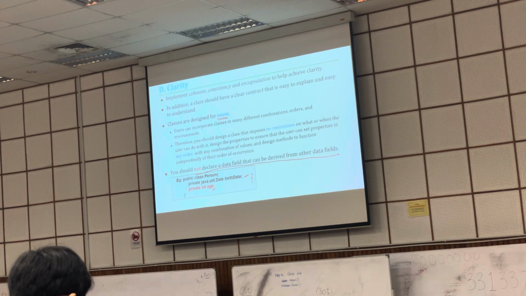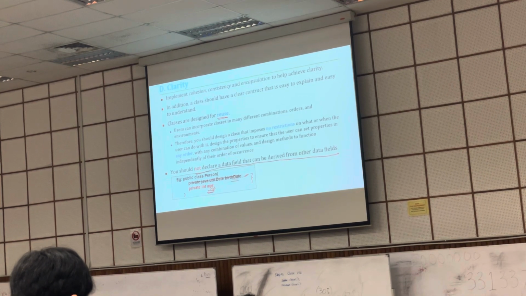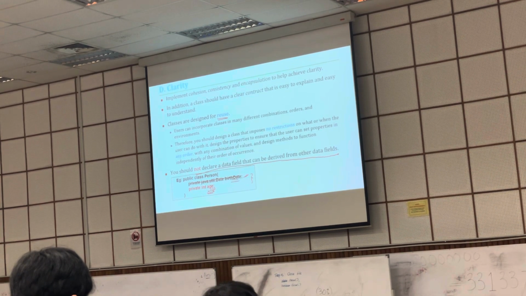It shouldn't be like this, because from the birth date you can identify the age. So don't redeclare a variable which can be derived from another data field. And usually you will not do this. Age is not dynamic. This year you put 20, next year it's not going to become 21, it will stay 20. So usually we are not going to put age, we will put birthday. Okay.